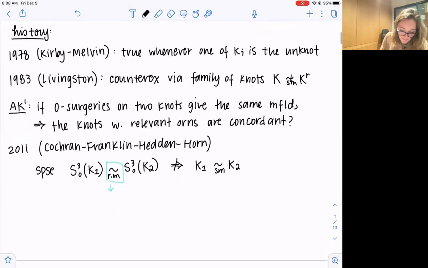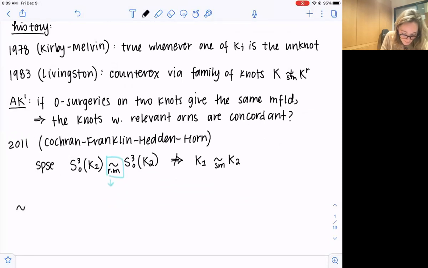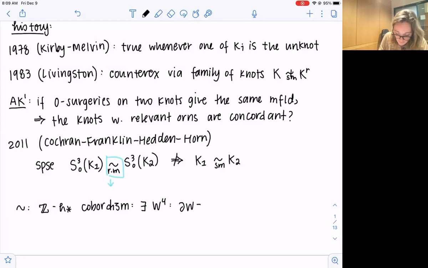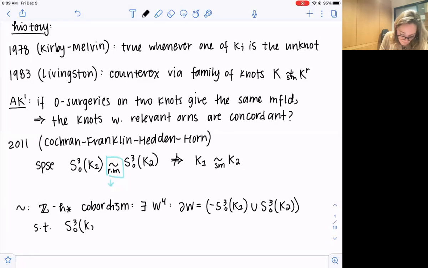So first, an integer homology cobordism between two 3-manifolds is a 4-manifold W such that its boundary is these two 3-manifolds, maybe one with reverse orientation, in such a way that the inclusion maps on the boundary induce isomorphisms on homology.